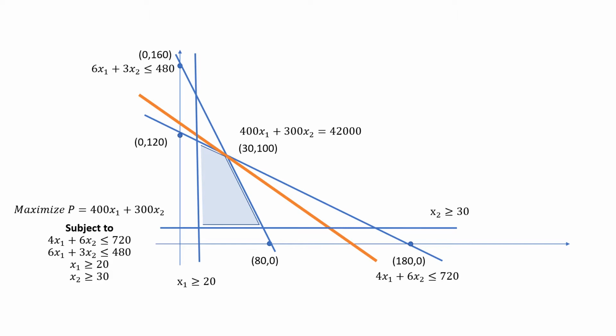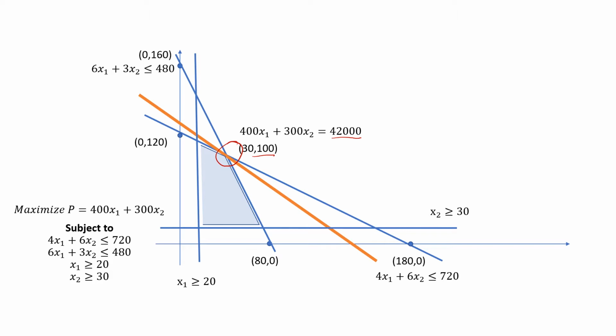And we saw that if we slide this line upwards, the profit increases, and we keep sliding the line until we are about to leave the feasible region. And where we're about to leave, that's where our maximum occurs. In this case, the maximum occurs right there at the point (30, 100), where we have $42,000 in profit. So the best route is to make 30 copies of car 1 and make 100 of car 2.